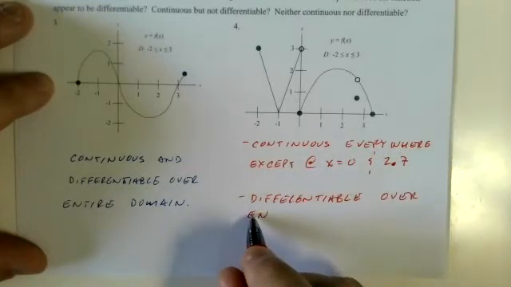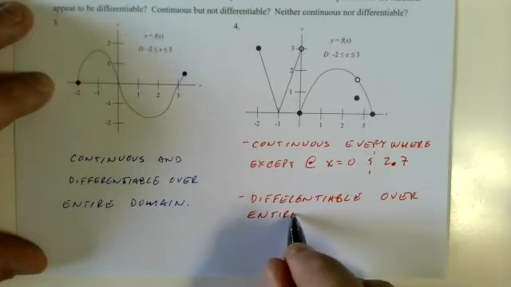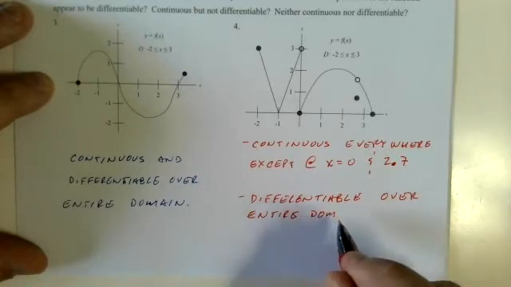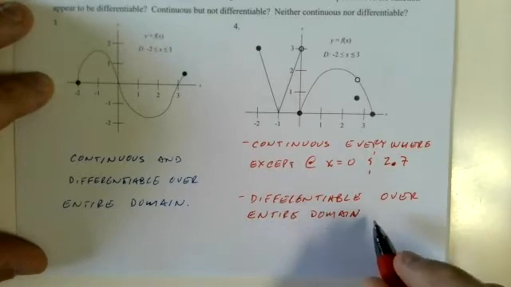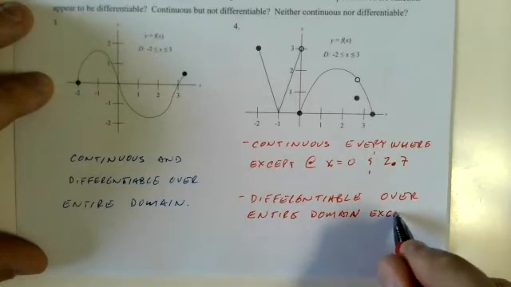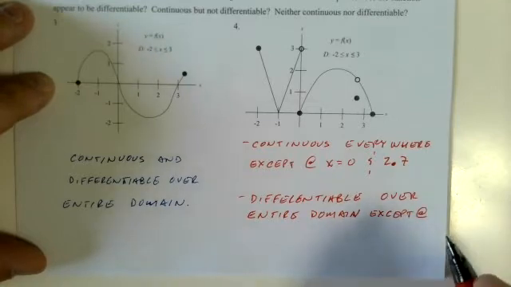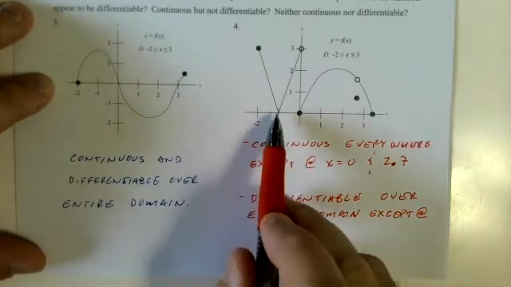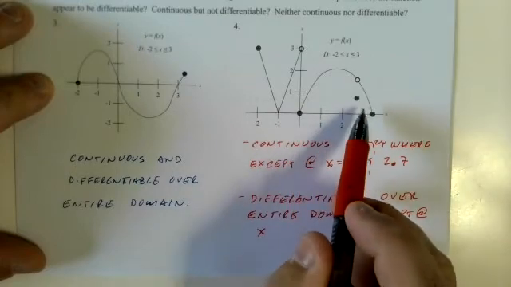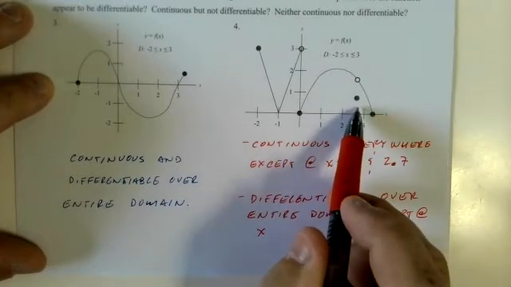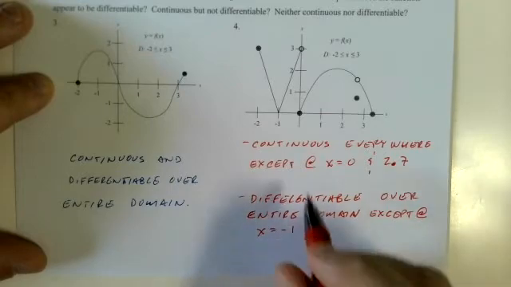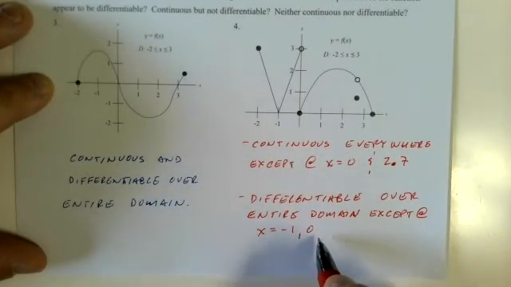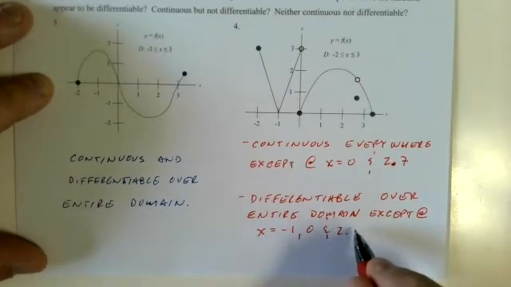Doesn't really matter. Except at the corner, point discontinuity, -1, jump discontinuity, 0 and 2.7.